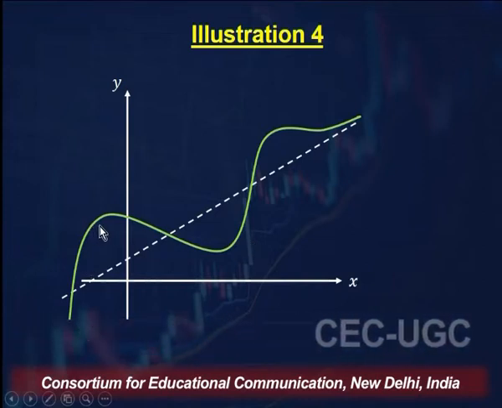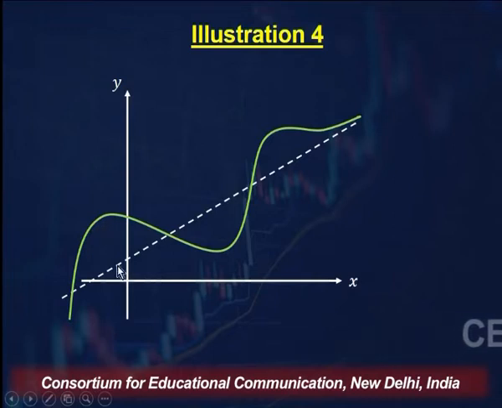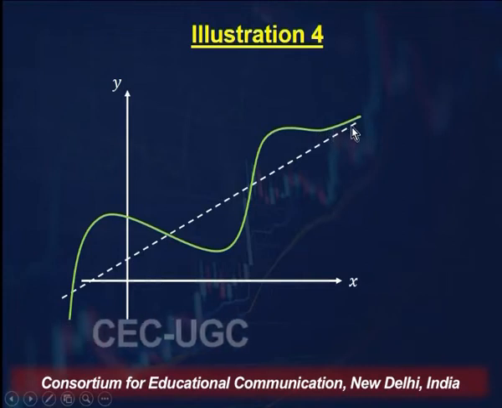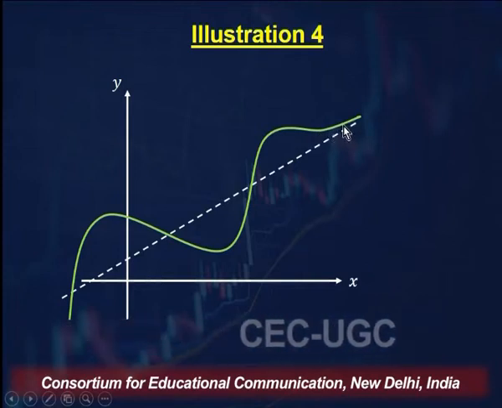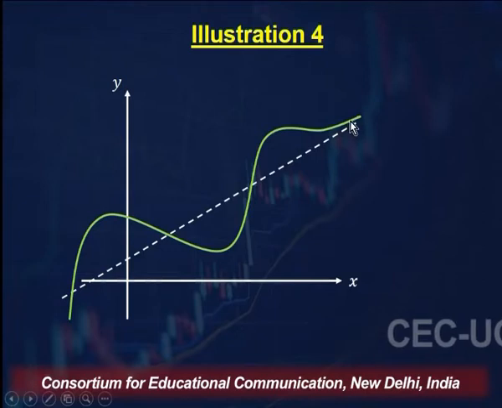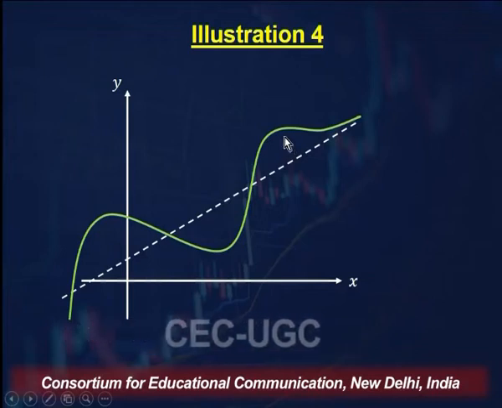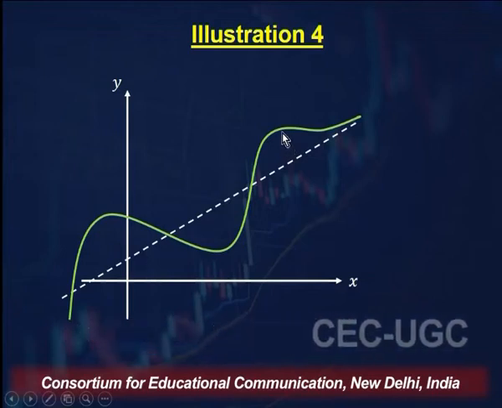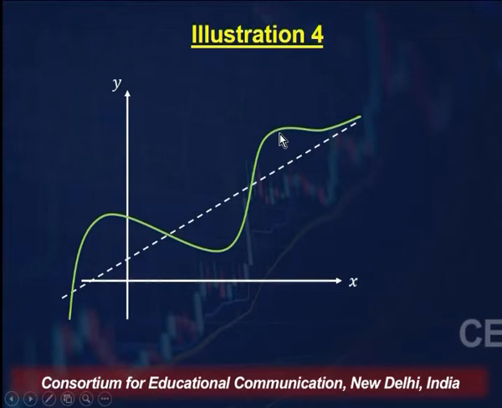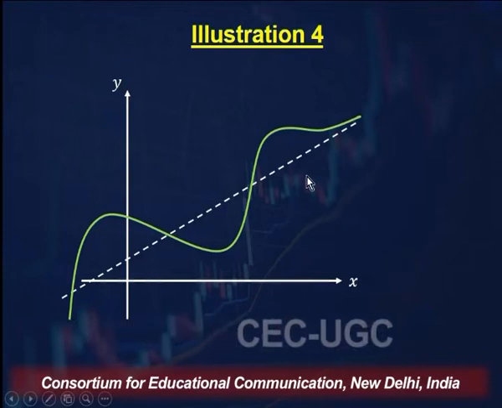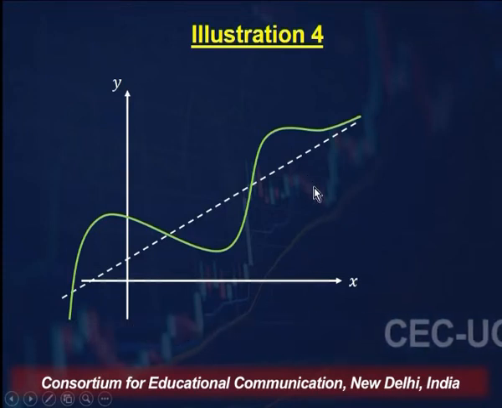If I'm using my physics term correctly, basically your oscillations are getting less and less wild, and then the graph tends towards the oblique asymptote. Basically, we are saying here that if we look at the distance between the graph of the function, which is shown here in yellow-green, and the oblique asymptote, the distance as x tends to infinity tends to 0.